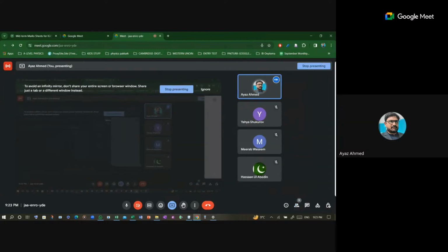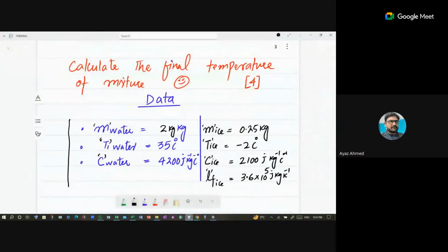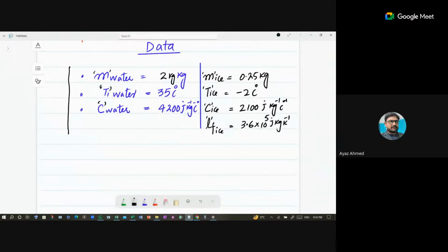Let's see that. Okay, I was at this point. Now, you know what my task is? T2 of water, and T2 of ice. Will it be ice after some time?